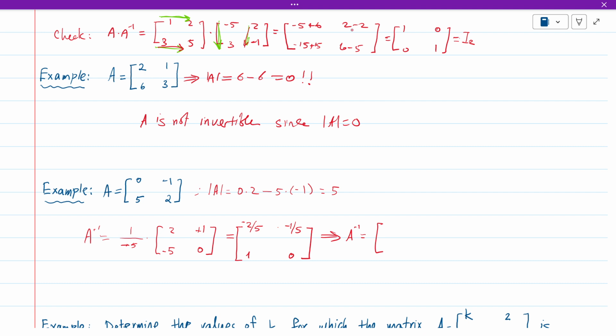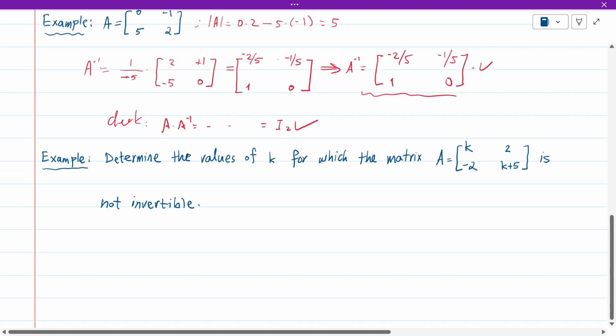So A inverse is negative 2 over 5, negative 1 over 5, 0, 1. Now you can check it yourself by multiplying A with A inverse and see if you get the identity of 2 by 2 or not. I did check it myself and I got it, so you can do the same thing and be sure that we got the correct answer.